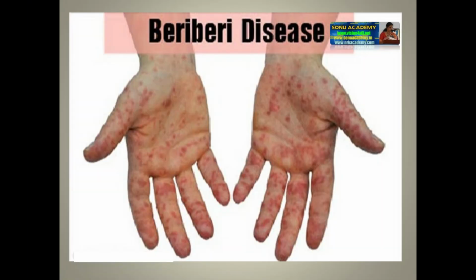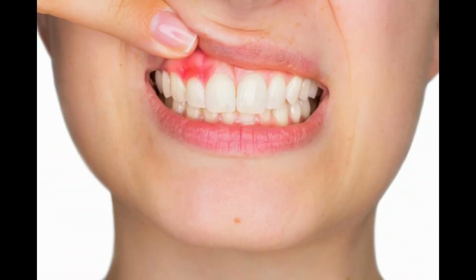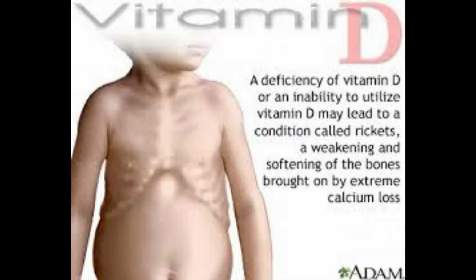Due to vitamin B1, beriberi disease happens, in which weak muscles and very little energy is there to do the work. In vitamin C, the deficiency disease is known as scurvy, in which there are bleeding gums and wounds take longer time to heal. And due to vitamin D, rickets happens, in which bones become very soft and bend.